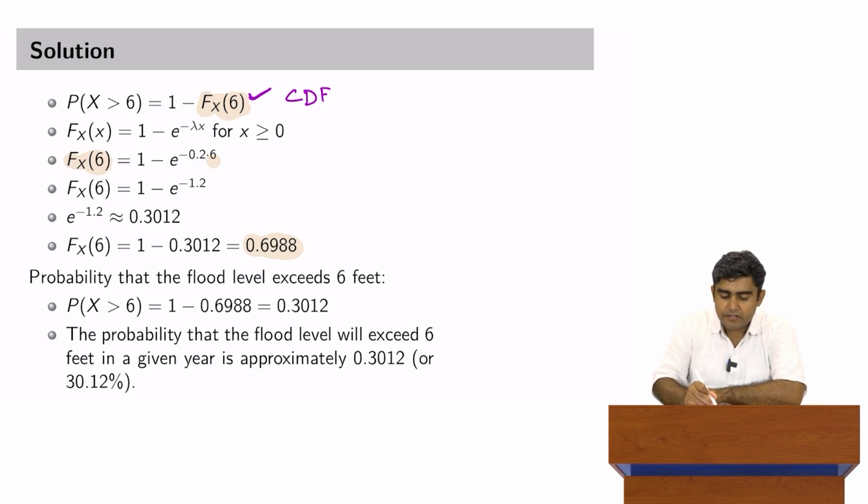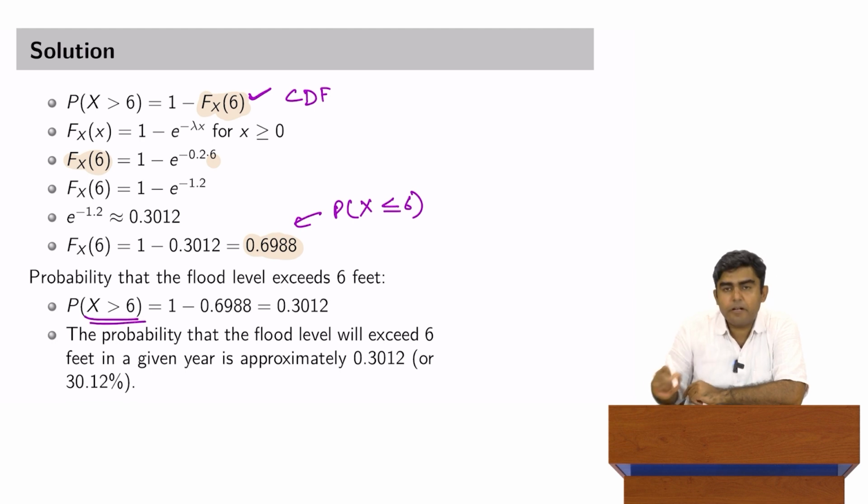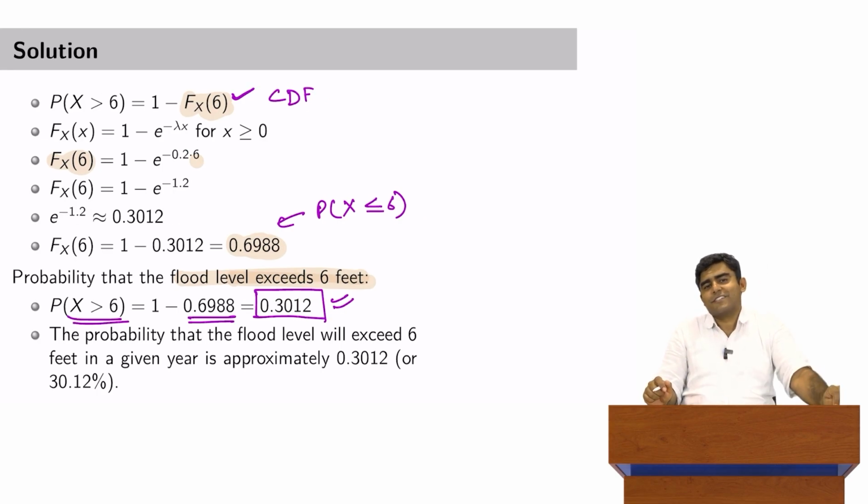This is the value of probability x less than or equal to 6. Since we are interested in probability x greater than 6, it becomes 1 minus 0.6988 or 0.3012, or there are 30% chances that flood level will exceed 6 feet. Two things to notice. It's the same problem, same mean flood level that we are talking about.